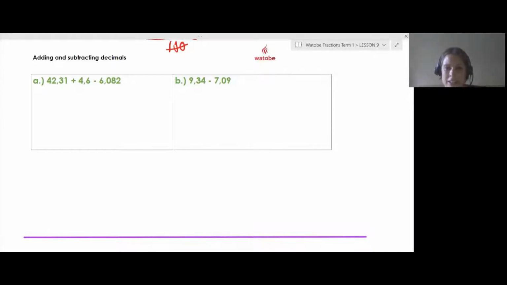Ma'am, I think we do partners. And when there's only addition and subtraction left, then we go from left to right. Okay, so we first do the adding, then we do the subtracting. All right, 2 different problems. Off you go, we've got 3 minutes.